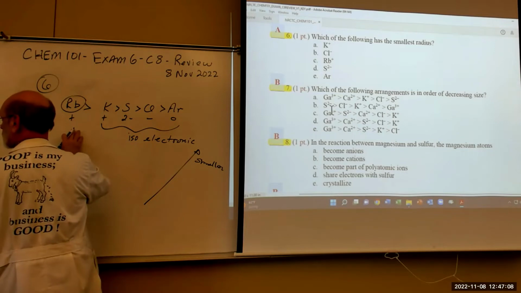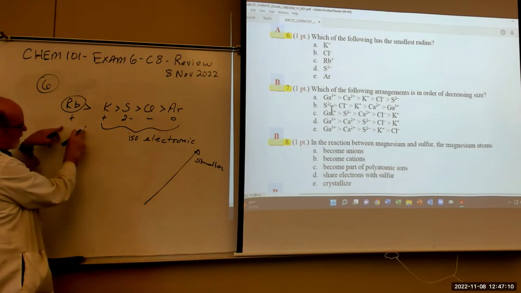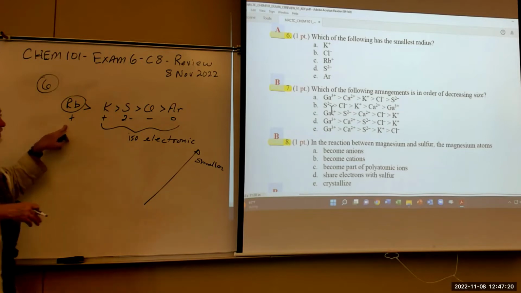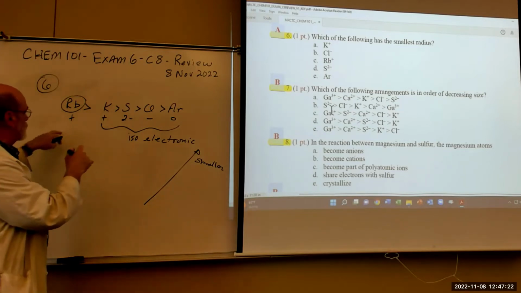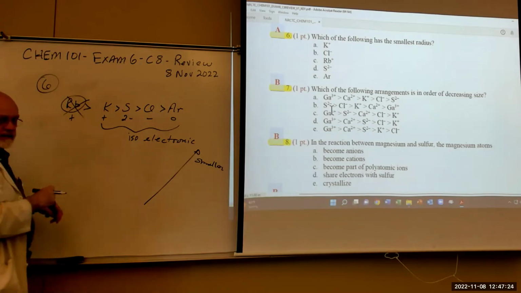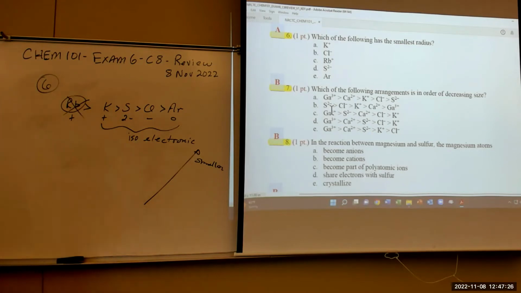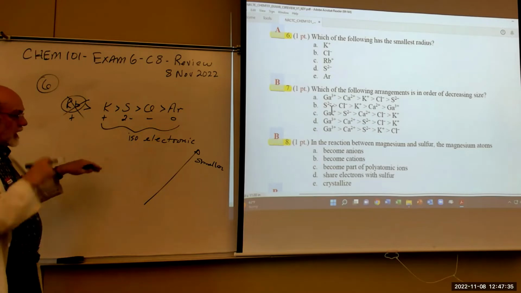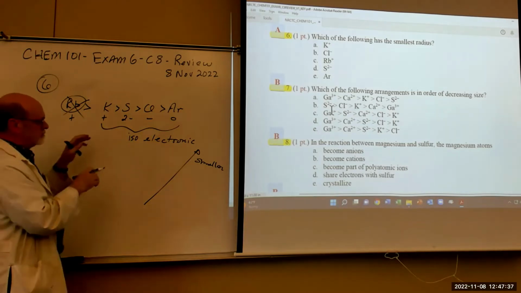And rubidium actually has the next principal quantum number level. So it's going to be bigger no matter what you do to it. So if we're going for the smallest one, we can count rubidium out because it's in period 5. And these are in 3s and 4s. But they're isoelectronic.